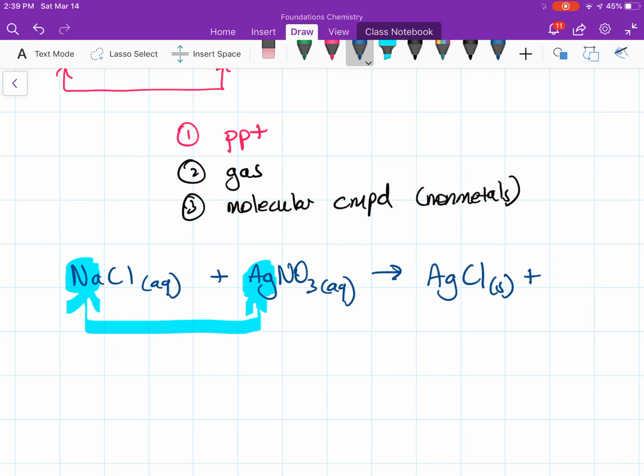I'll explain next lesson how we know that. And NaNO3 aqueous, and it's balanced. So hopefully you got that one right. That is a double replacement reaction. And that ends our lesson on predicting single replacement reactions and identifying and completing double replacement reactions.